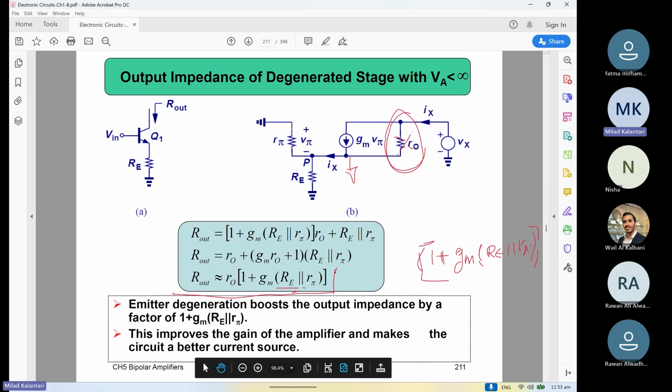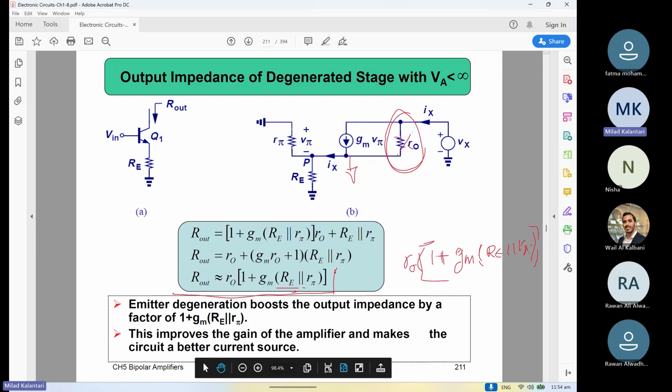Is it good or bad that the R out is increasing? It is considered not a good thing for voltage amplifiers, because we prefer the voltage amplifier to have a very small output impedance. But how about if you really consider the output as a current source?